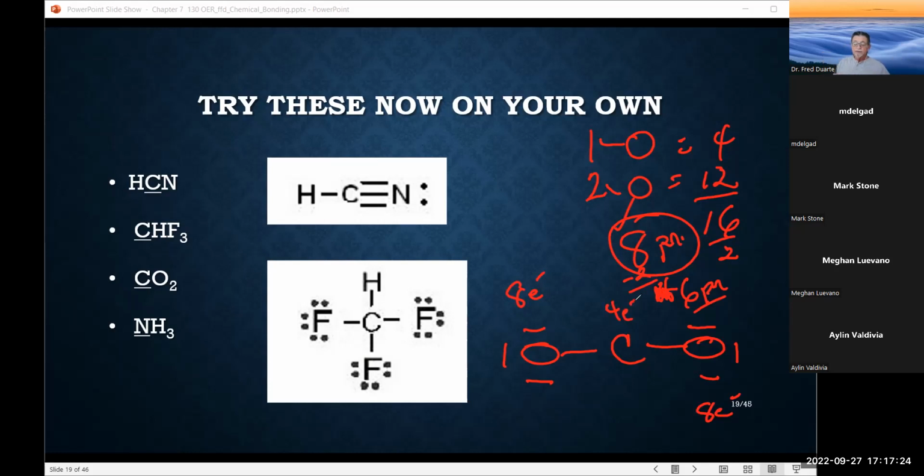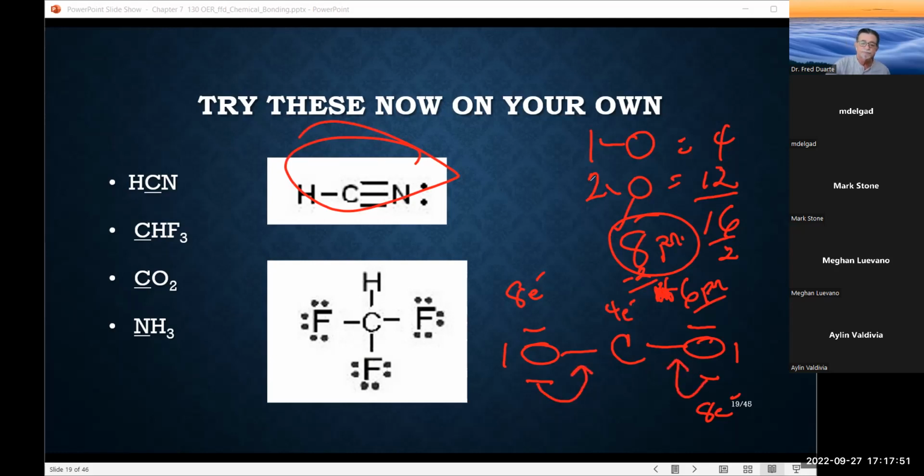So what I got to do, I need 4 more. And guess what I do? Just like we did for the first one, we share. Rob Peter to pay Paul, whichever you want to look at it. So we're gonna take 1 pair because we need 8. I'm gonna take 1 pair from each oxygen. I'm gonna take 1 pair and make a double bond here. I'm gonna take 1 pair and make a double bond here.